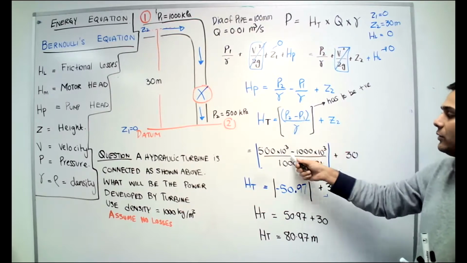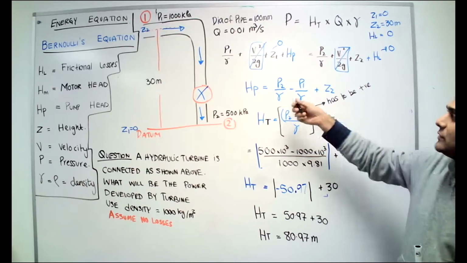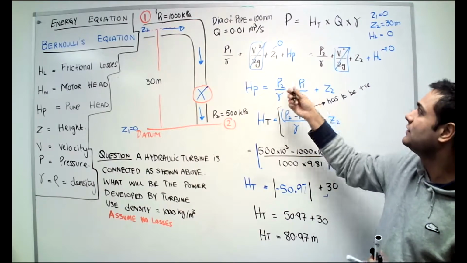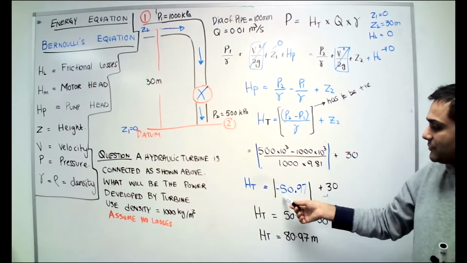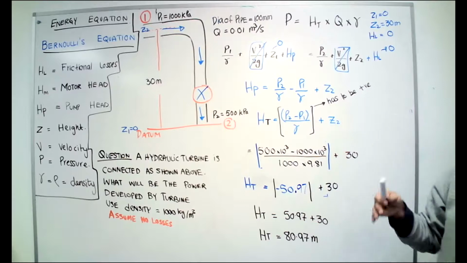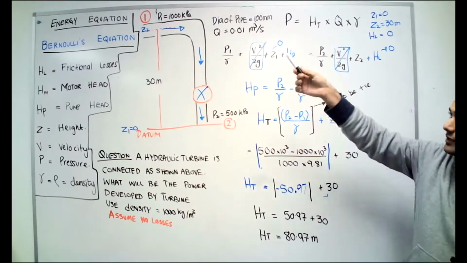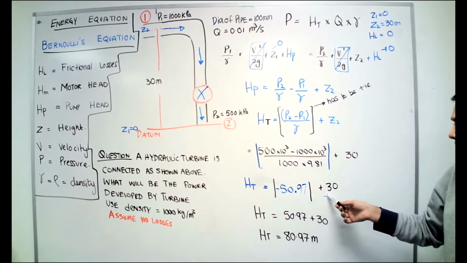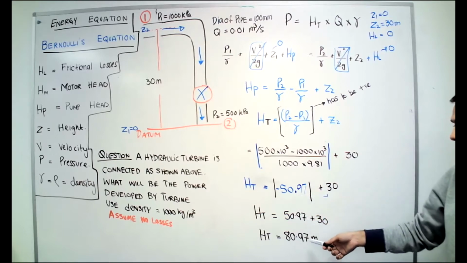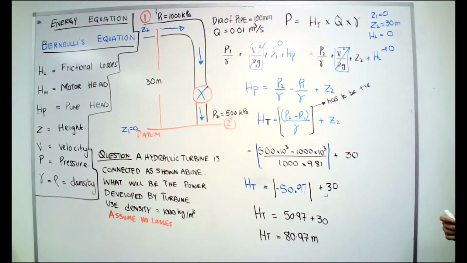If you do it that way, you will always get it right. But because I've used the same equation, it doesn't matter. So whatever the answer here is, minus 50, make that positive because height can't be negative. You can see it's going down. So you got 50.97 plus 30, that is 80.97.